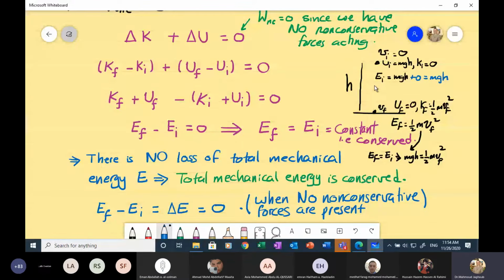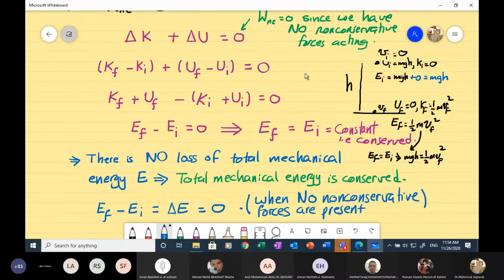Suppose that the kinetic energy increased by 20 joules. What is delta U? What is the change in potential energy? If delta K is plus 20, delta U equals minus 20. In other words, any loss in potential energy, where does it go?